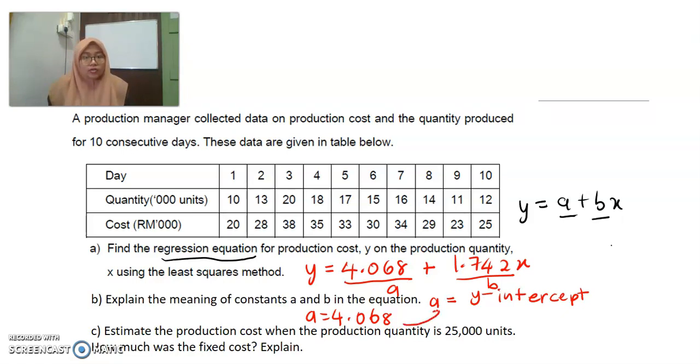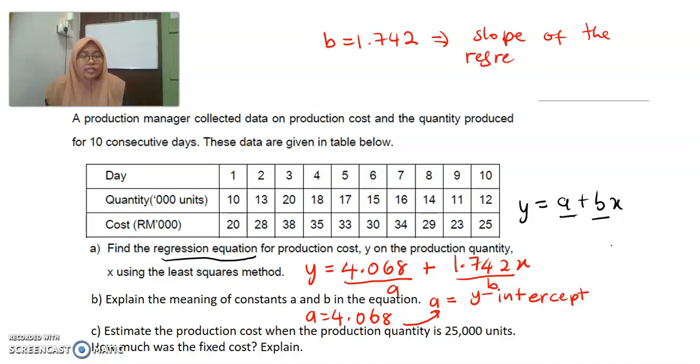Okay. Next is the value of b. B value is 1.742. So this value is the slope of the regression line, or gradient of the regression line.